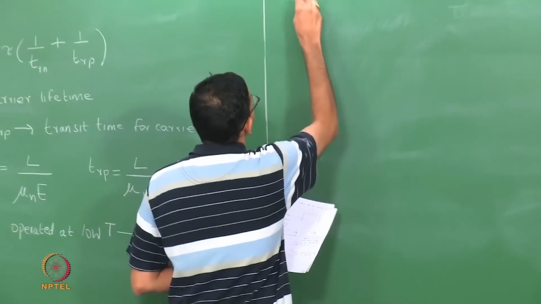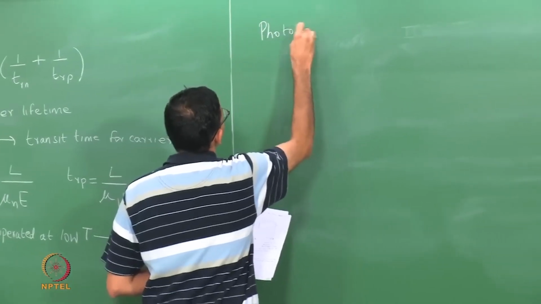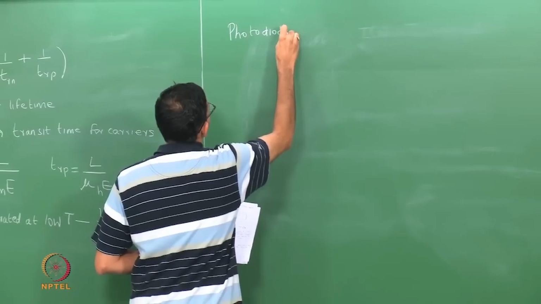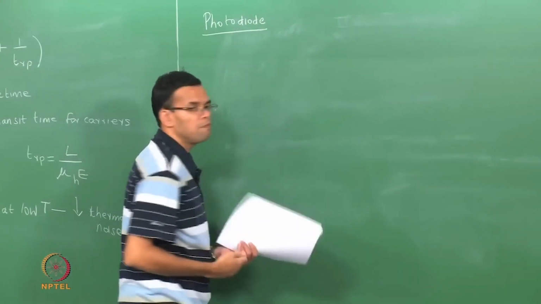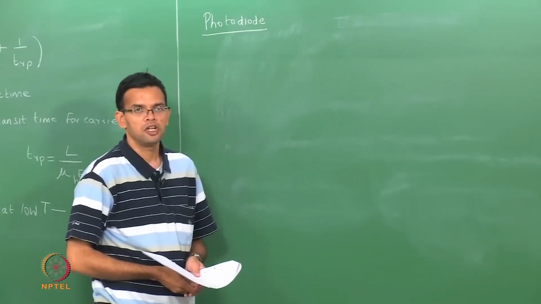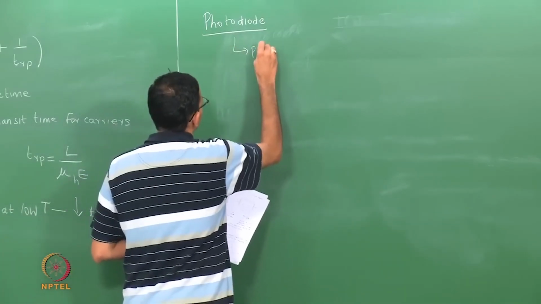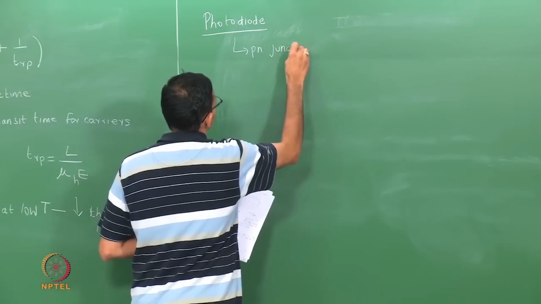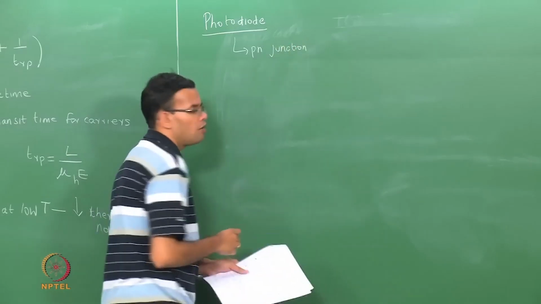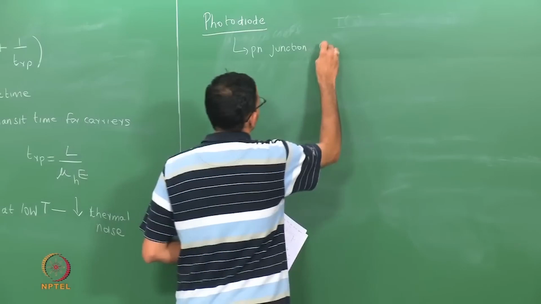In the case of a photodiode, we use a P and an N material so that you form a junction. This can be a simple P-N junction or a modification of that, which is your PIN junction.